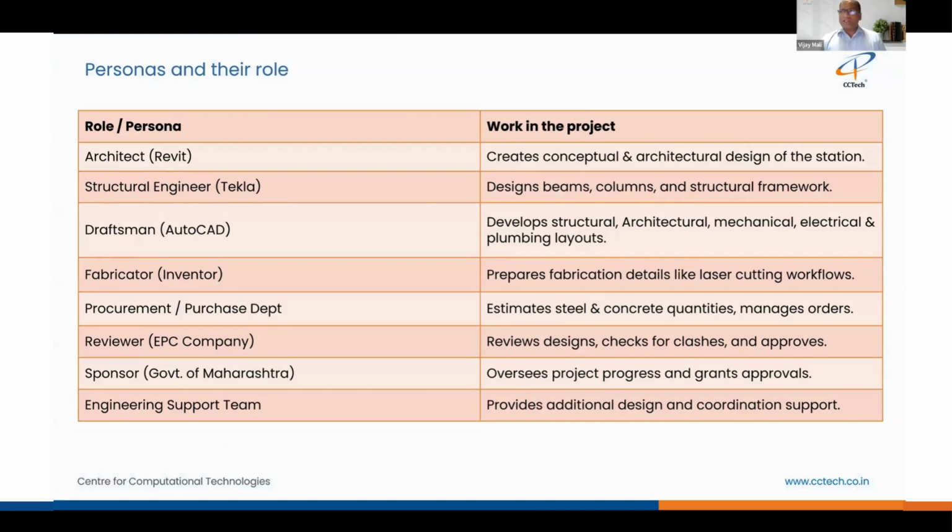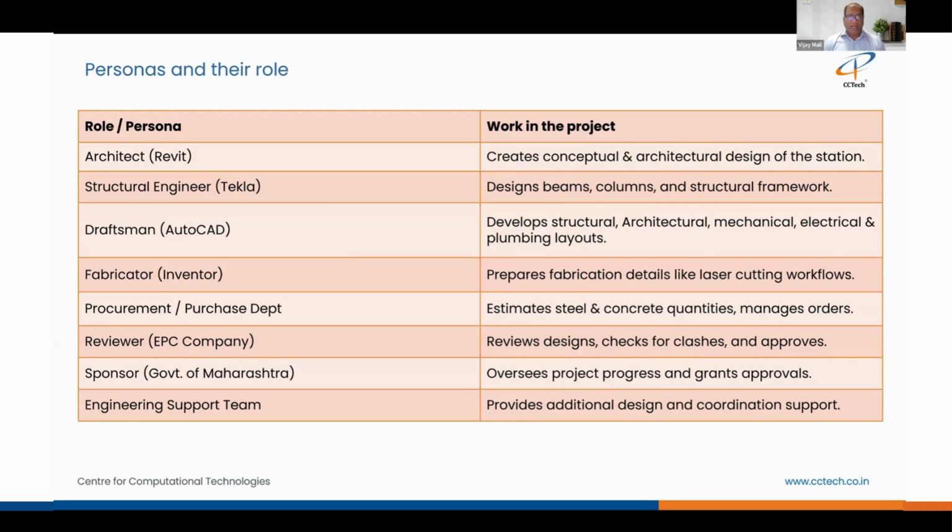These are some of the personas and their roles. In this project, we have considered this, but whoever is attending the webinar might understand that this is a typical landscape of any project that we execute, where multiple streams are involved, multiple people are involved with different roles, as well as different ecosystems of products.